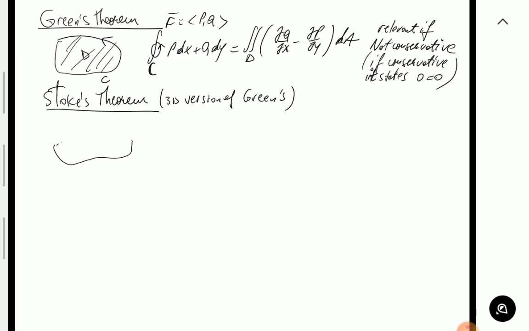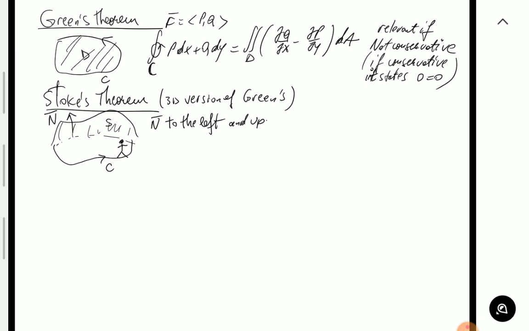So if you have a closed curve like this, and some surface enclosed by this curve, you orient it in such a way that as you walk on the curve, you keep the normal to the surface oriented upward from your perspective, to the left.